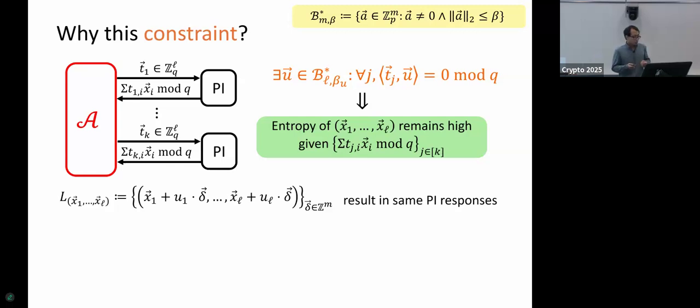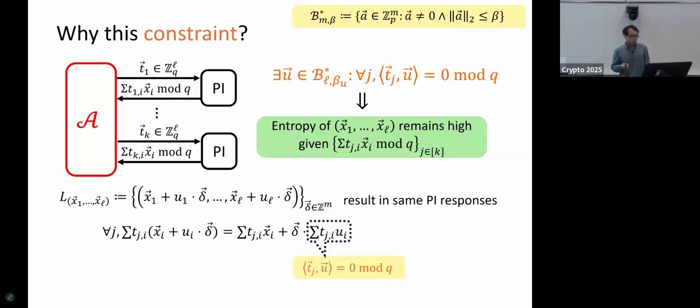So if u is small, then the lattice will be kind of dense, so the Gaussian distribution conditioned on this lattice will have high entropy. To see that all the points on the lattice have the same PI response, you can just take any point on this lattice, compute the PI response and expand it. We find the second term will vanish because u is orthogonal to t_j. So it is equal to the PI response computed based on x_i.